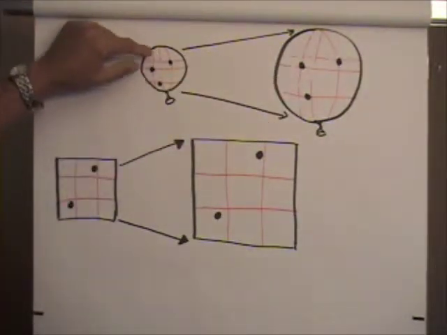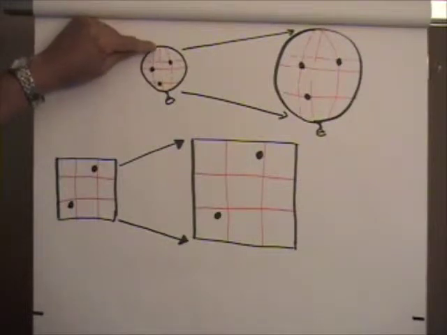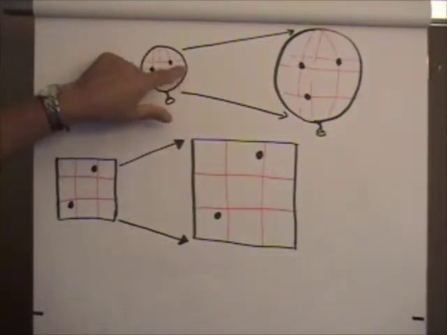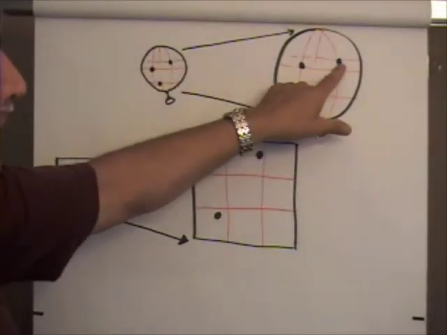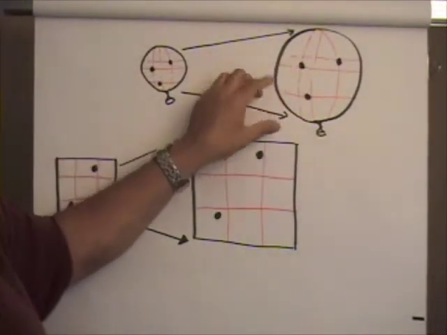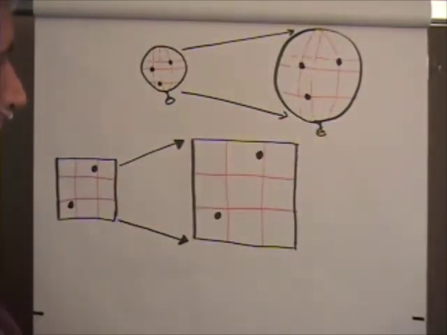Now, the galaxies are marked by positions of longitude and latitude, and they stay at the same position as the balloon expands.